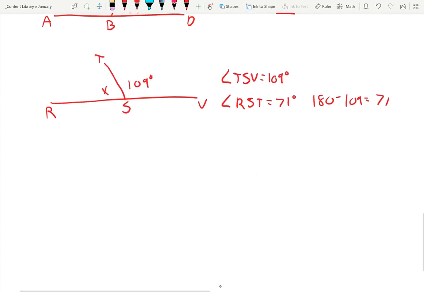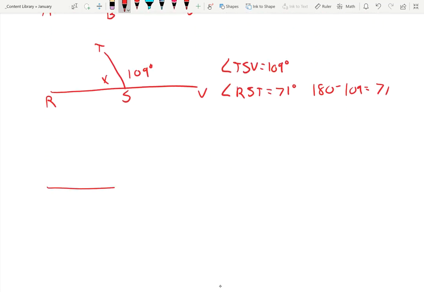All right. And now one more supplementary, but let's make it a little more mathy. Let's use JKLM again. Let's say this is 3x plus 65, and this is 4x plus 10.